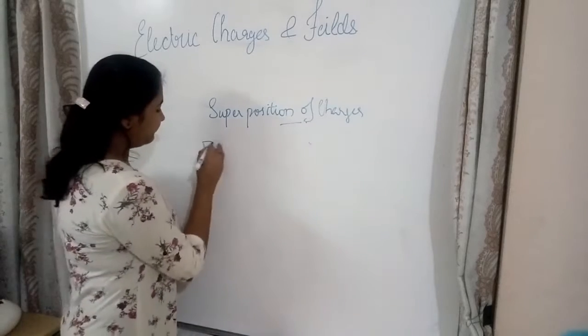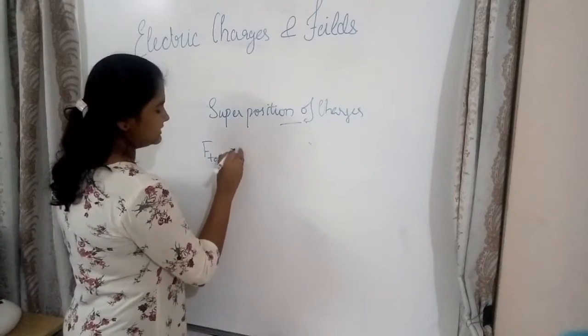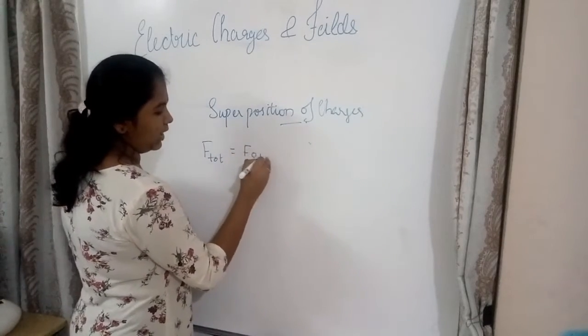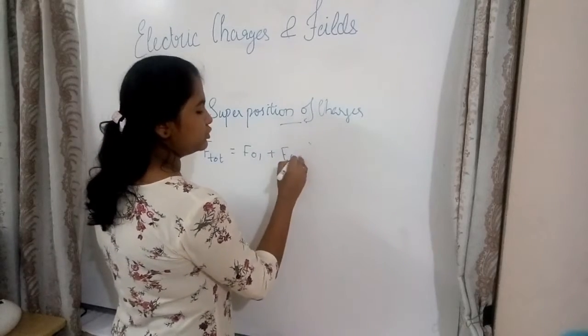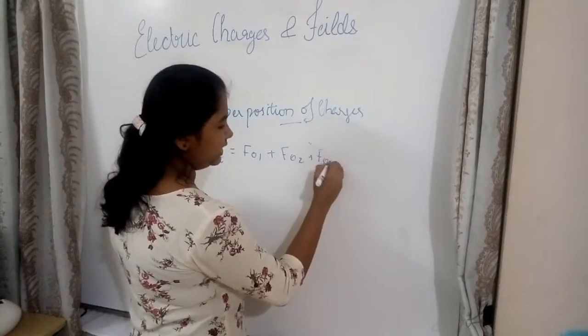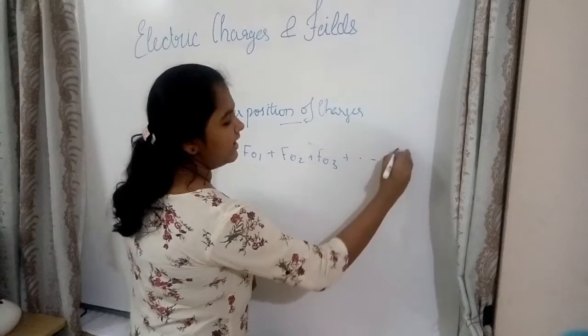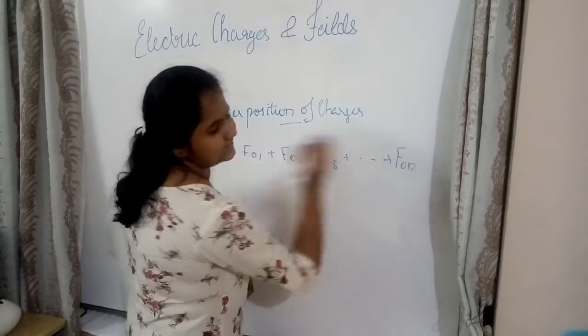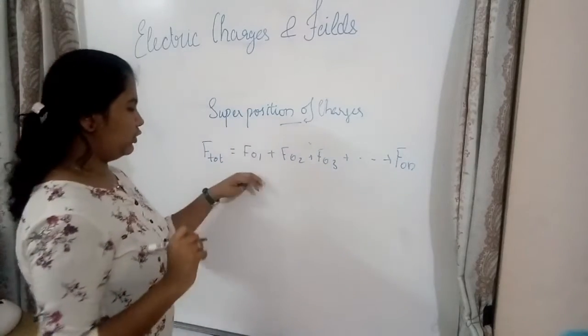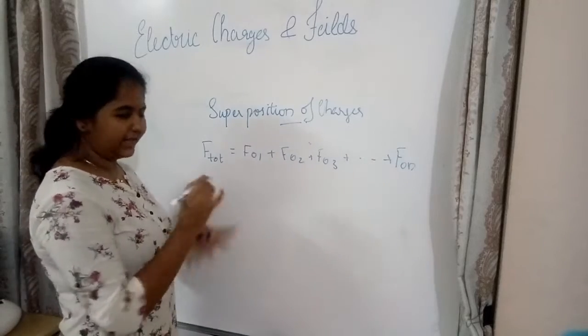So F total is equal to F01 plus F02 plus F03 plus F0n. So we will find out how to derive F01.